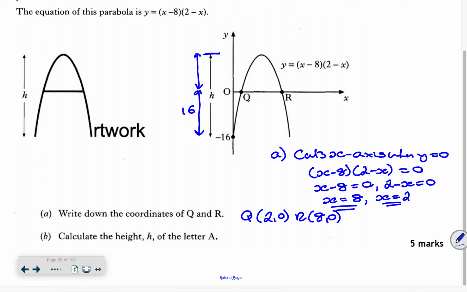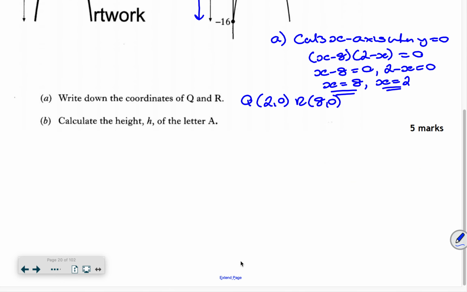So this is just a fancy way of them saying, find the maximum turning point. So you know how to find the maximum turning point. The turning point happens halfway between the two roots. So if I was to find halfway between the two x values, the middle number between 2 and 8 is going to be 5. So I can say the turning point is when x is equal to 5.